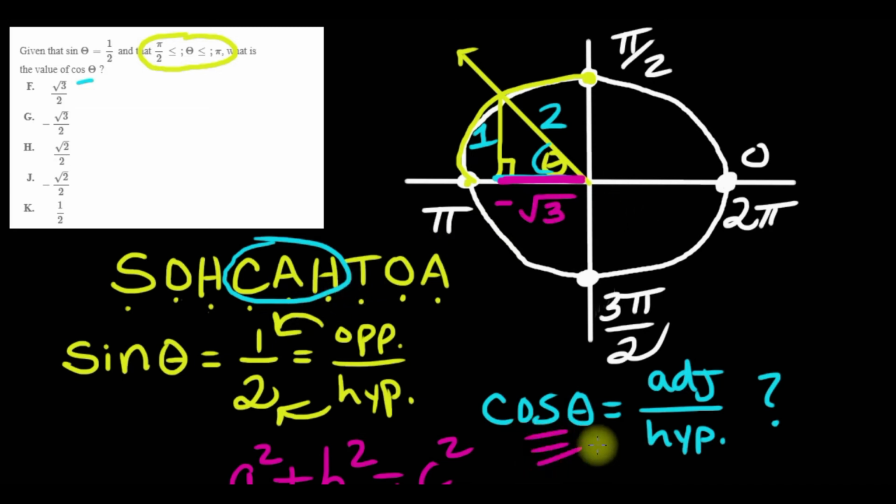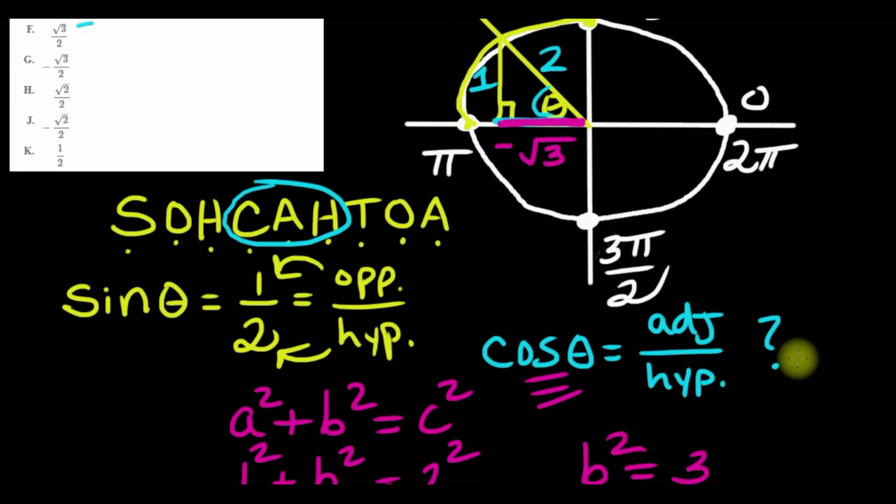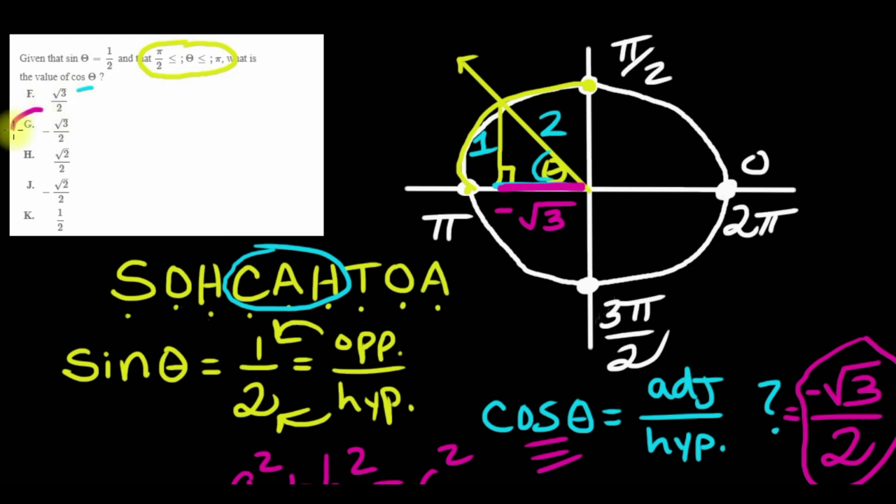So now to come up with cosine would be adjacent. Adjacent is negative square root of 3. So here we go, negative square root of 3 all over hypotenuse, and that is 2. And this is cosine theta. So over here, the correct answer is G.